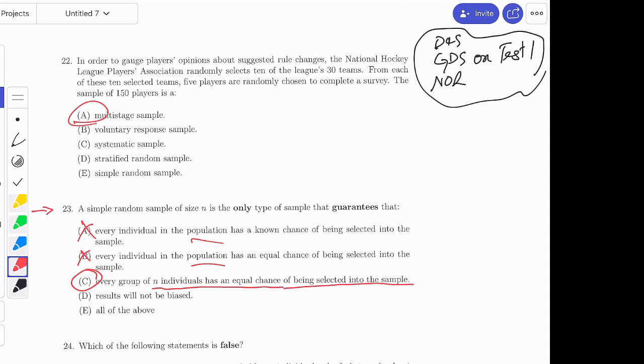It's just a group, just some possible members of the population. From there, I create a simple random sample. So keep that in mind.